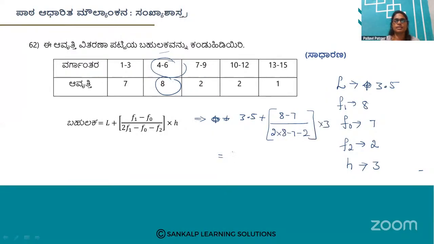So this becomes 3.5 plus (8 minus 7 is 1) divided by (16 minus 9, which is 7) into 3. So 3.5 plus 3 by 7. 3.5 plus 3 by 7 is 0.428.